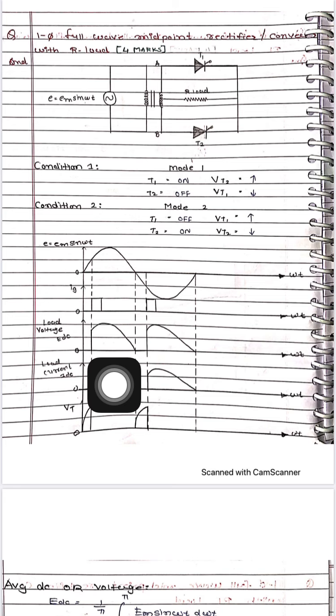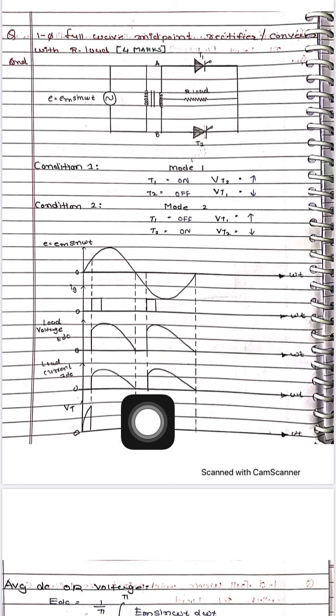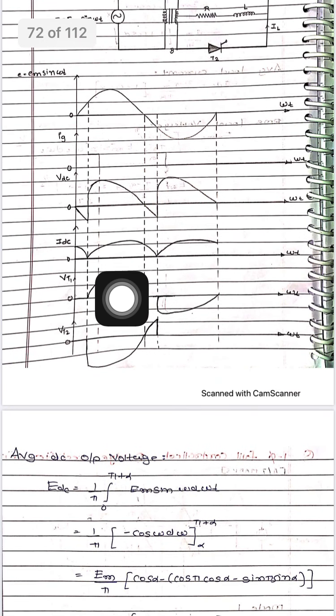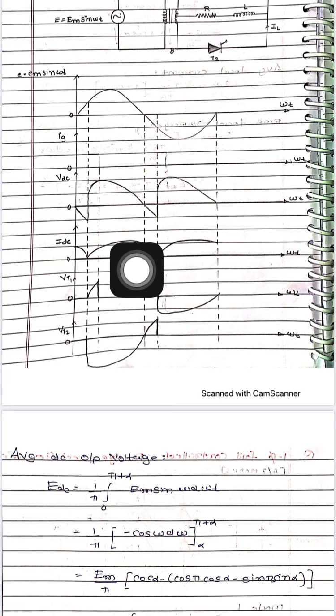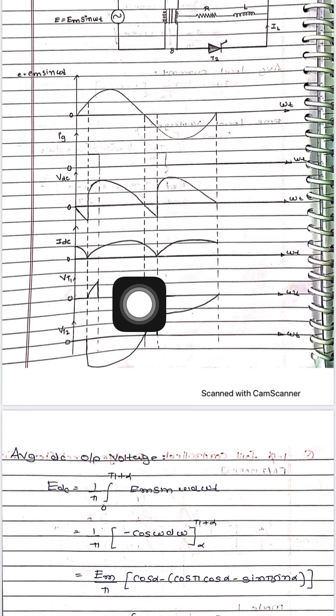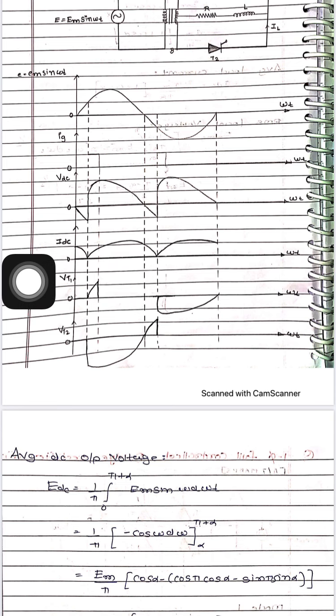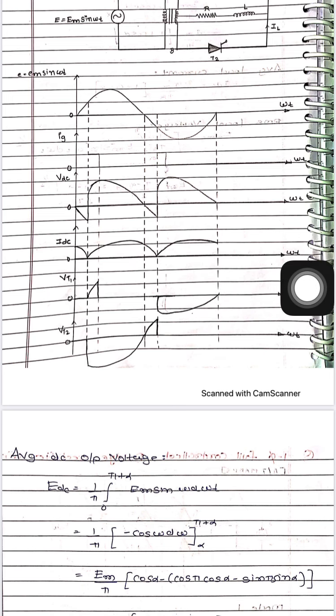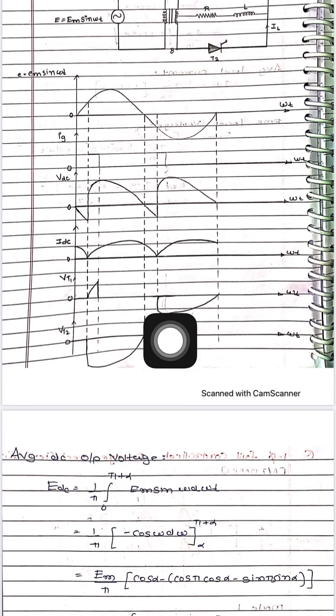If in the resistive case my current is 0 over here, in the inductive case it takes a little bit of time to turn off the switch, due to the charging current. An inductor is a storing element, a current storing element.